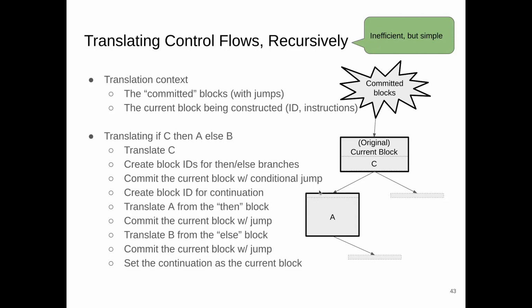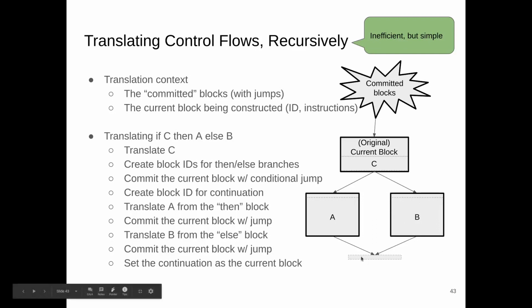The same thing happened for the else branch. We translate B from the newly created block ID for the else branch, and then commit with jumping to the continuation block here.